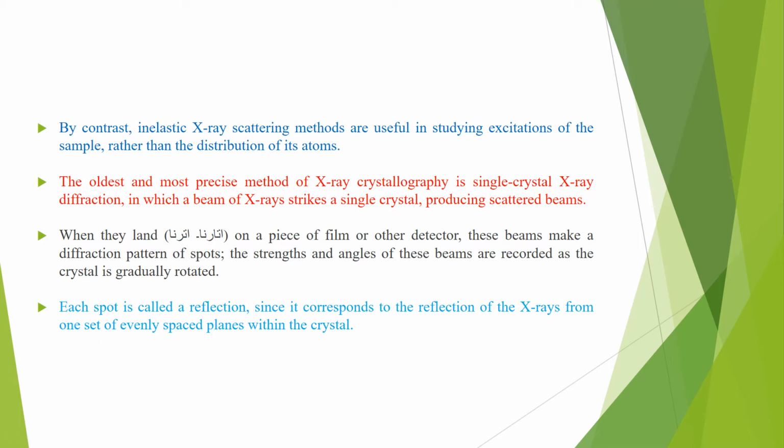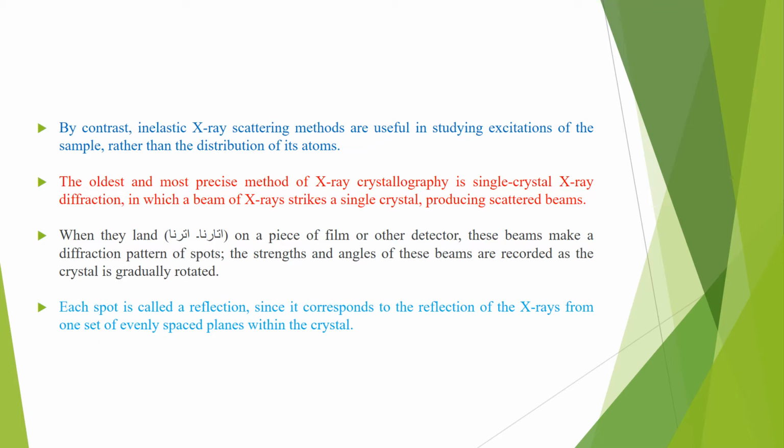The oldest and the most precise method of X-ray crystallography is single crystal X-ray diffraction, in which a beam of X-rays strikes a single crystal and produces scattered beams. When these beams land on a piece of film or other detectors, they make a diffraction pattern of spots.